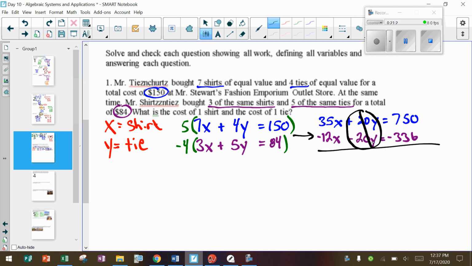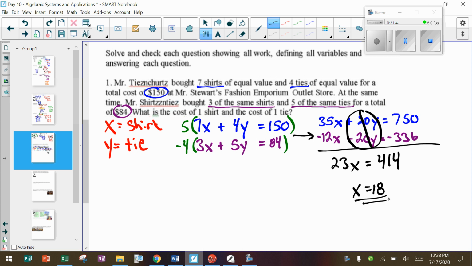I do 35 minus 12 to get 23x, and 750 minus 336 is 414. Divide both sides by 23 to get my x value of 18. So that means one shirt cost $18.